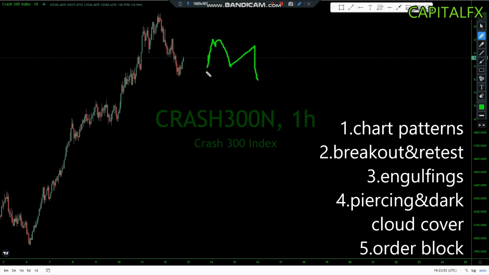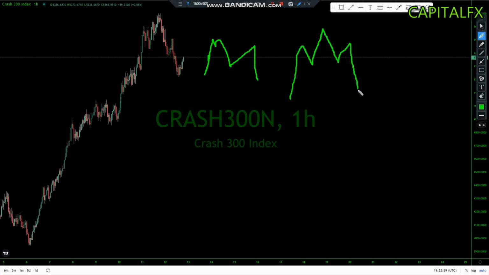This is an M formation, and something like this is a head and shoulders. We also have something like this, which we call a rising wedge, because it used to rise, and after that there will be a breakout from here and it will come down.